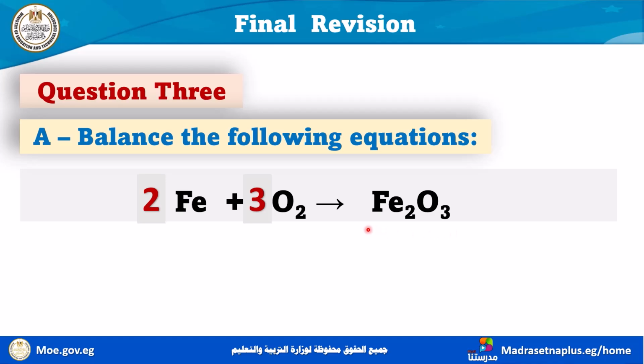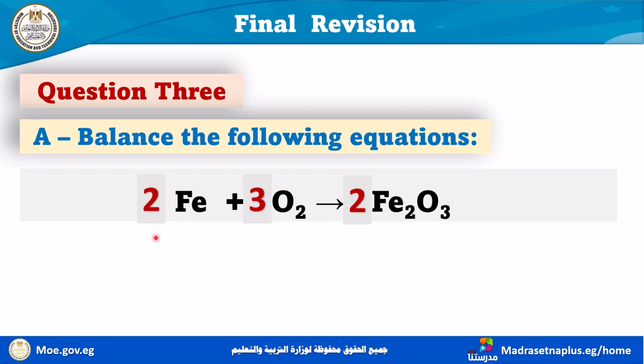So we will write 2 before the iron oxide. Now we have 6 oxygen atoms in products too, while the number of atoms of iron rises to 4.